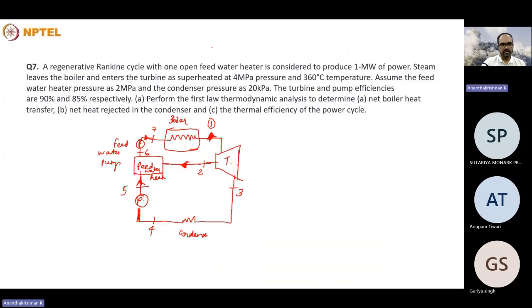So once we have denoted all these points, then we can denote them in the T-s diagram where exactly it will appear. And using the standard properties, we can actually calculate the quantities just like that.